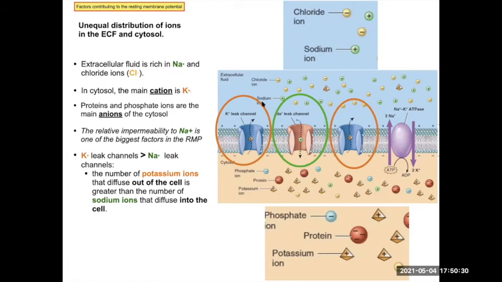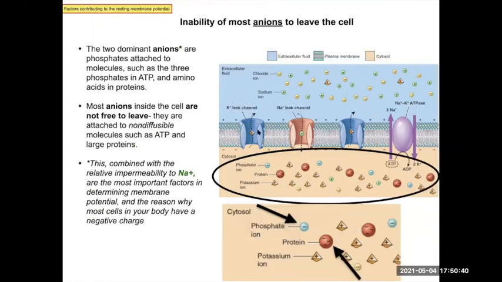But the thing that the book, and I'm not really explaining right here, is that you have a large negative charge inside, mostly due to these phosphate molecules and proteins. Negative charges on certain amino acids of proteins account for most of the electronegativity of any type of cell. So you have a negative charge in any cell, even without these channels.